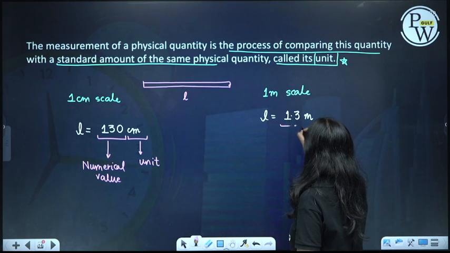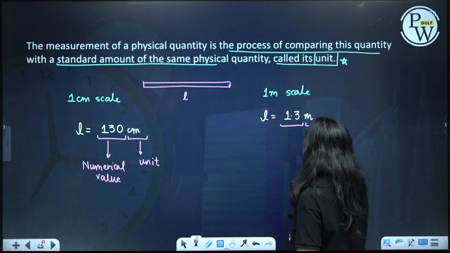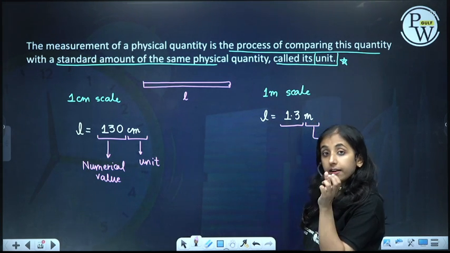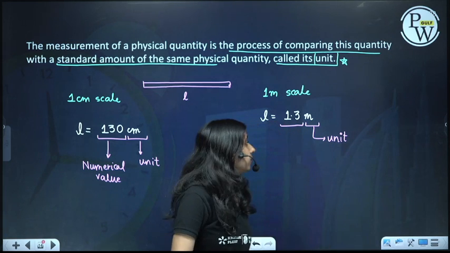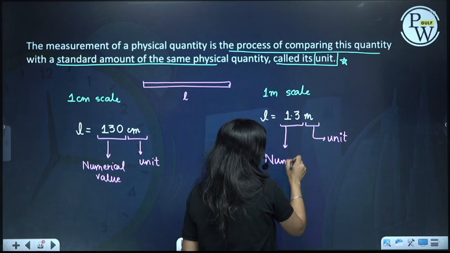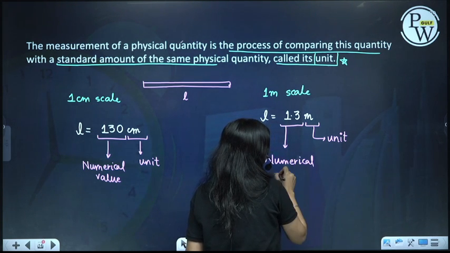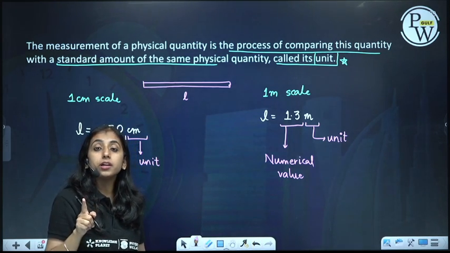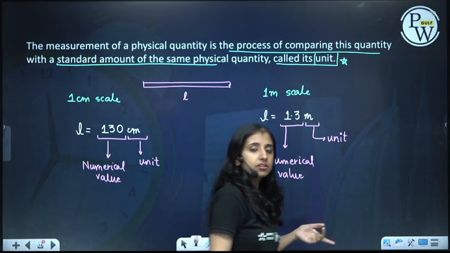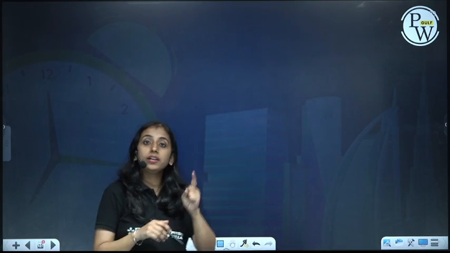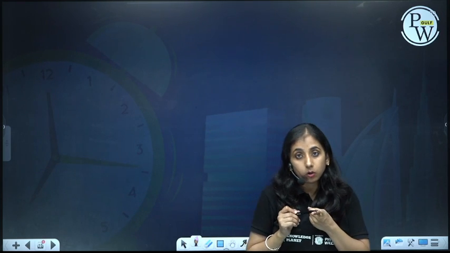Then in meter unit, this meter is the standard amount I used to measure it, and this 1.3 is the numerical value in meter unit. So after the measurement process, we get two things: one is the numerical value and the other is the unit.